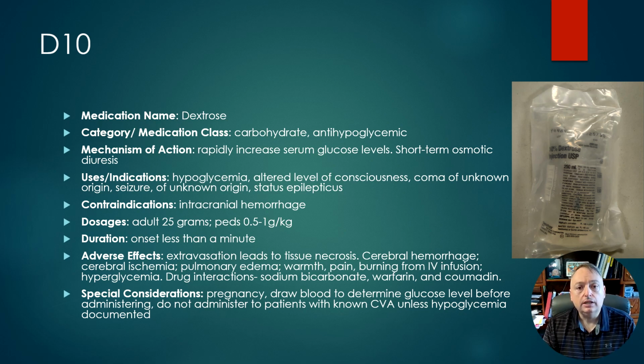Now, you see D10 there, and you look over here at the D10 bag, you see that there's 250 milliliters in that bag. Like I said, in the D10, there are 10 grams of glucose per 100 milliliters of solution.